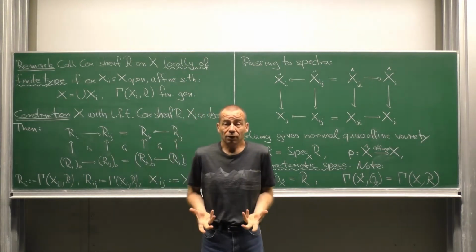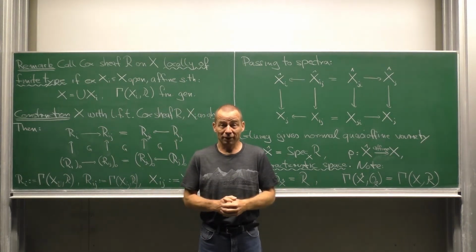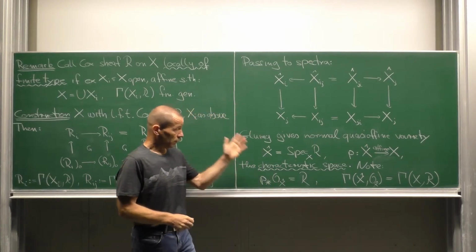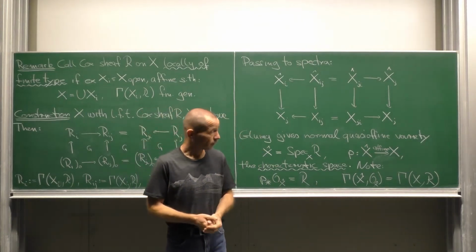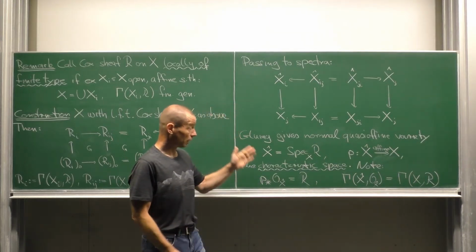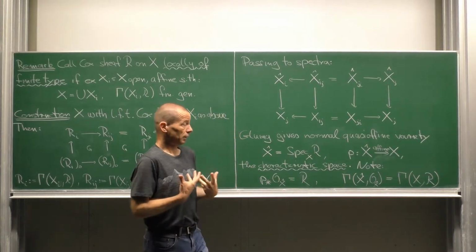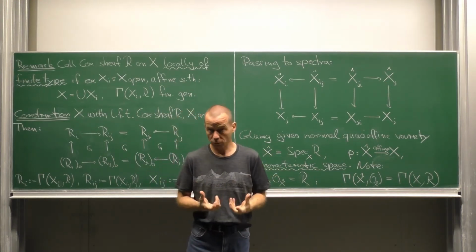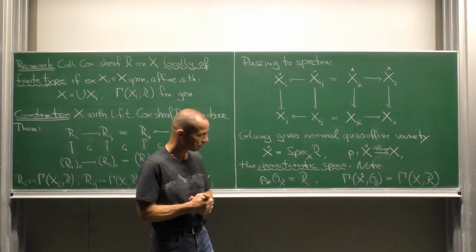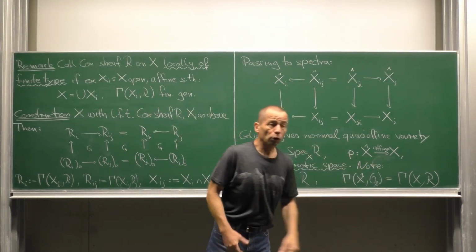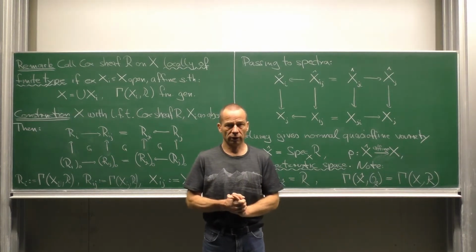Moreover, it turns out that all these diagrams together give gluing data. The result of the gluing process is a normal quasi-affine variety X hat, in technical terms known as the relative spectrum of the Cox sheaf over X, and it comes with an affine morphism onto our variety X.